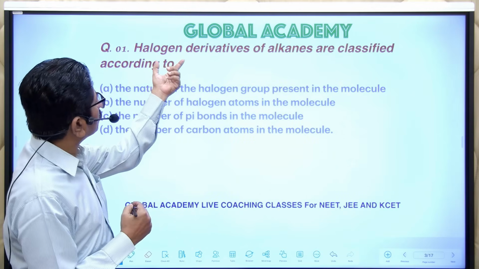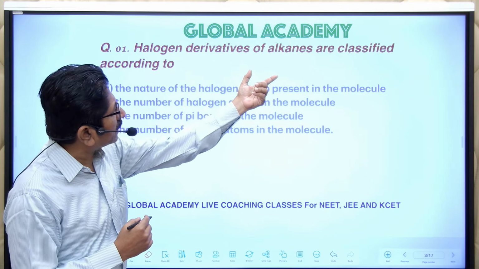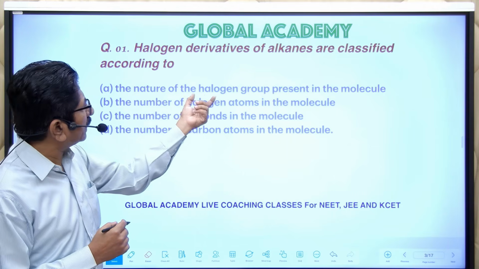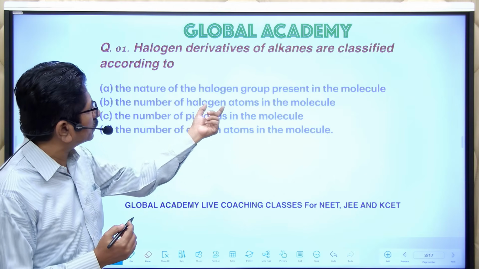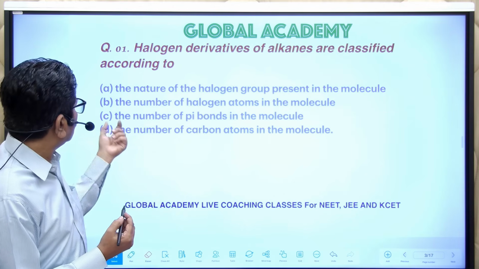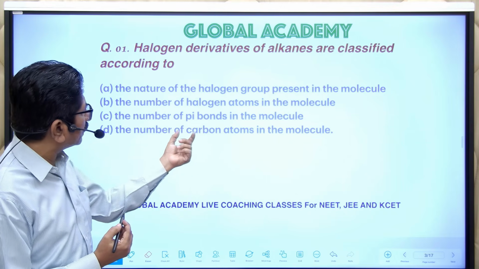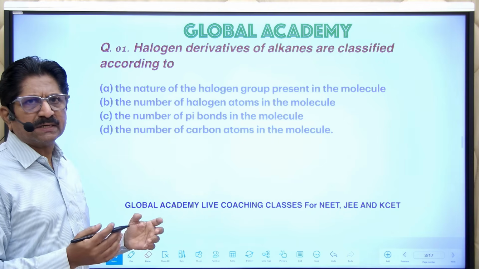The halogen derivatives of the alkanes are classified according to the nature of the halogen groups present in the molecule, the number of the halogen atoms in the molecule, the number of the pi bonds in the molecule, the number of the carbon atoms in the molecule. So, which is the correct option?